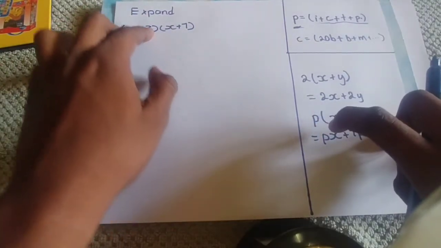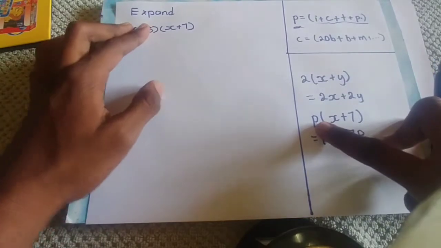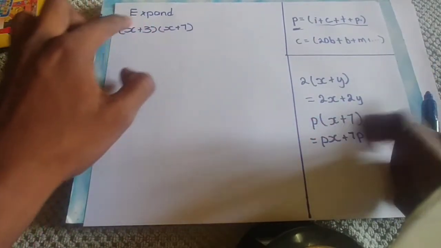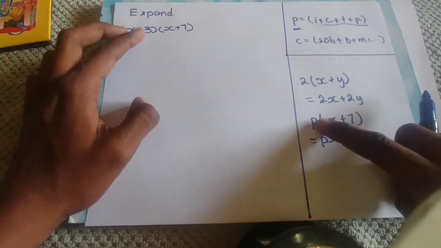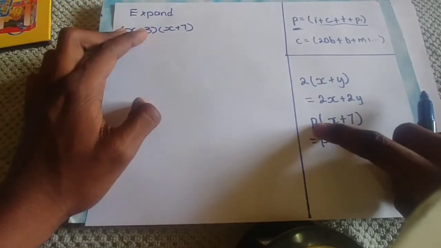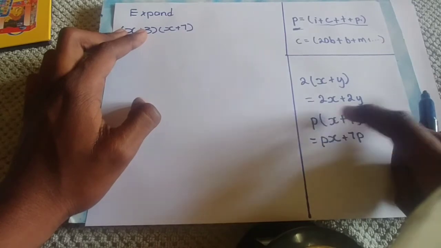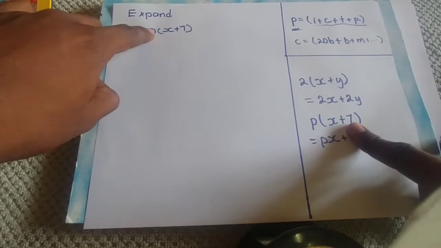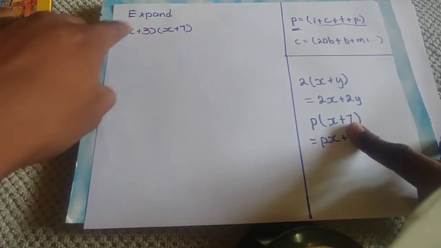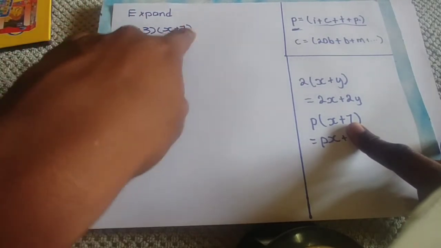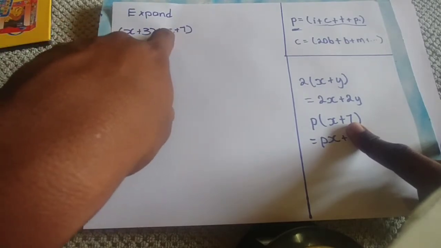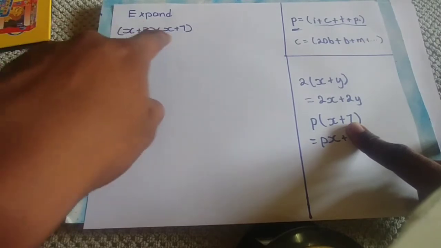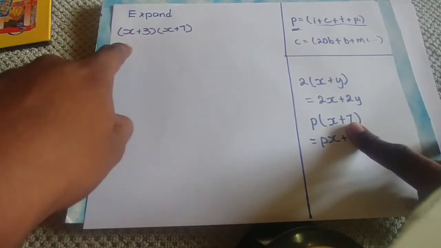So if you pretend that it is 1, we take what's on the outside, and then we multiply it by everything. So that's p times x and p times 7. But in this case, we're treating this as though it's one thing. So now it's x plus 3, what's on the outside of this bracket, by x, and x plus 3 by 7.